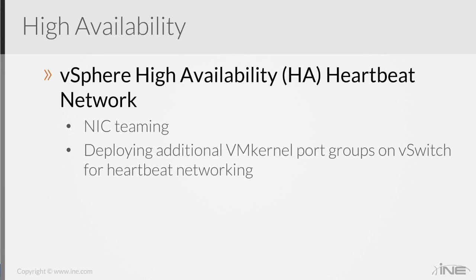Our second method to provide redundancy for the HA heartbeat network is to deploy additional VMkernel ports on separate vSwitches. This would be for our management traffic. So basically we would have two NICs connected to separate physical switches or a switch stack at the physical end to provide redundancy for our management network here.